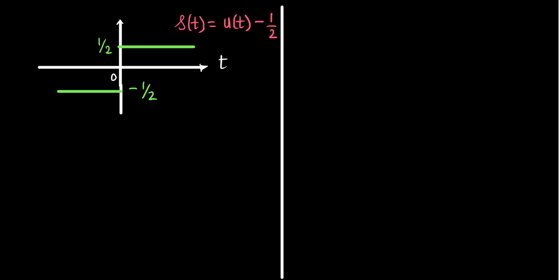Now we know that this s of t is u of t minus half. If I try to calculate the derivative of the signal s of t, it is simply the derivative of u of t plus the derivative of minus half.